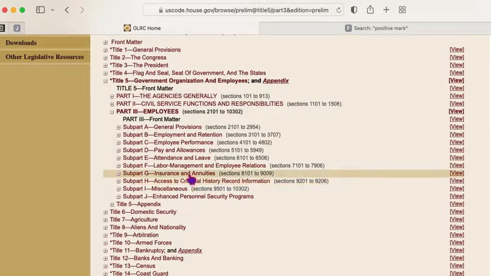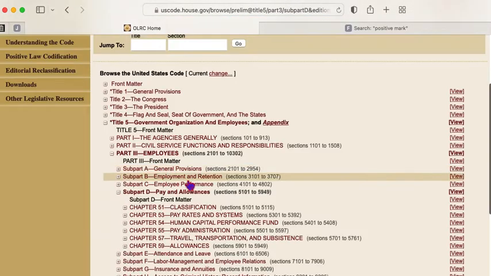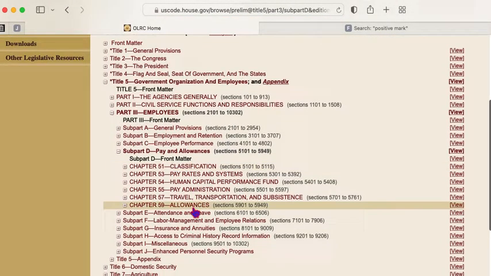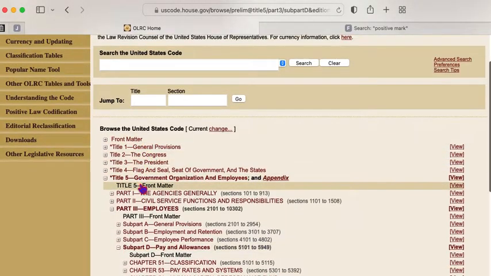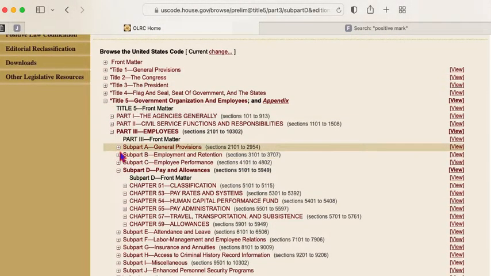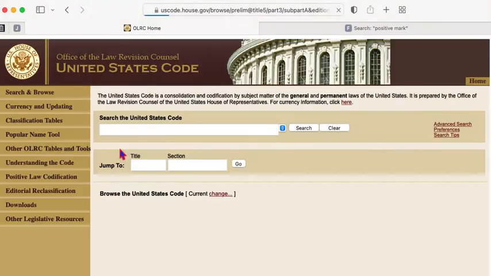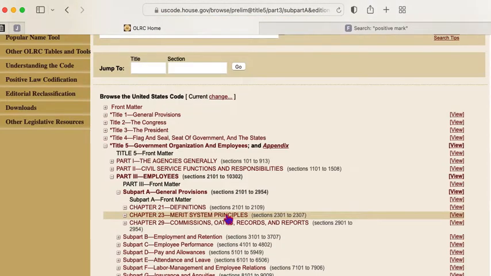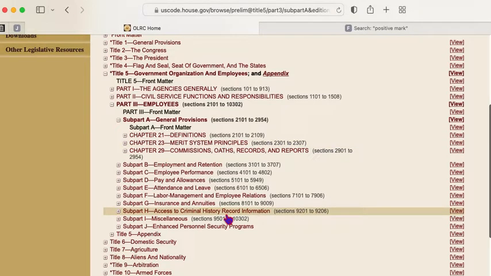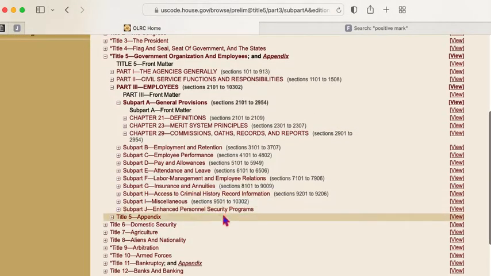So when we go to the CFR, we see you can look under OLRC Title V to find where the taxes are. But it has in here the employee tax requirement.